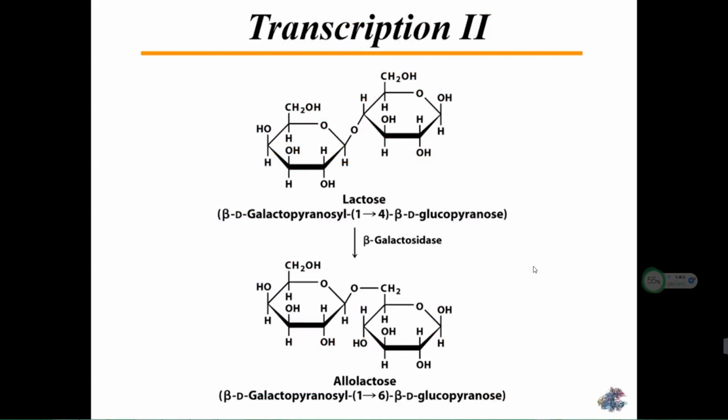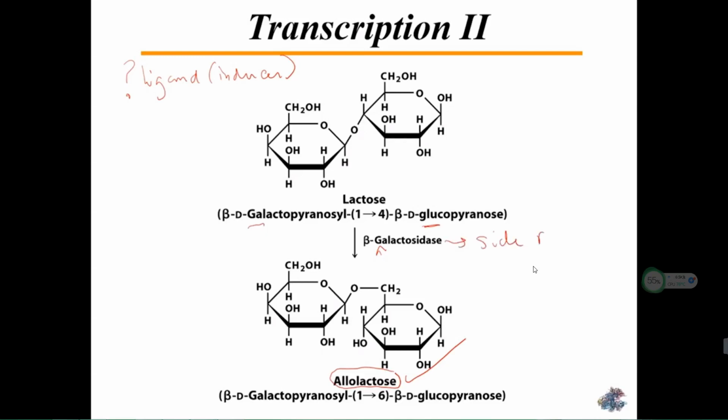But the question then becomes, well, what is this ligand or inducer as depicted on the previous slide? Well, the ligand is actually allolactose. So it's down here. Okay? And allolactose is generated by not only the enzyme responsible for breaking down lactose into galactose and its glucose monomeric structures, but it also carries out a side reaction.